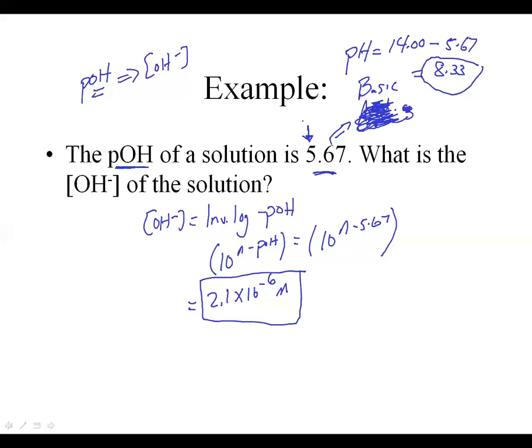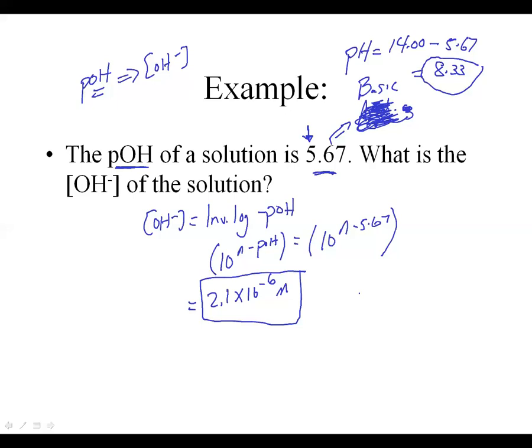Yeah, so this is a basic solution because the pH is 8.33. The OH minus concentration is 2.1 times 10 to the minus 6, which if you, for example, use KW and found the H plus concentration, which again, it didn't ask you to do, just so you can see everything we talked about kind of together. This is KW like we did earlier on in this chapter.